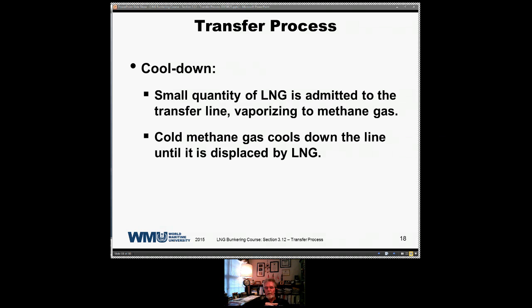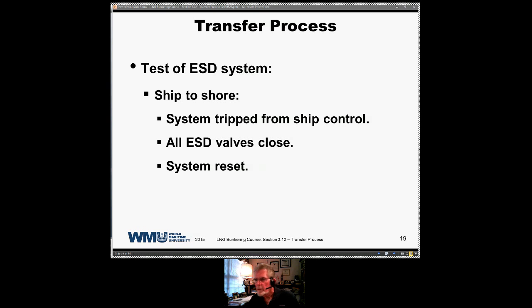The contraction of that hose, nearly 100% of it, has already been completed at minus 130 degrees, so at that point we can introduce LNG into it safely. So the cold methane gas cools down the line until it's replaced by LNG. And once we reach that point, we are at the point where we are going to test our emergency shutdowns.